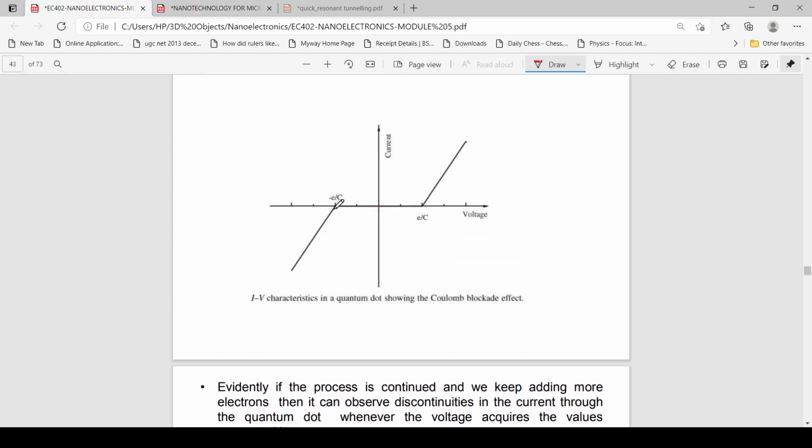I can explain this sequential tunneling, or Coulomb blockade, using this graph. You can observe that there is no current until the voltage reaches E by C. When the potential difference reaches the E by C value, tunneling happens and the current flows like this.